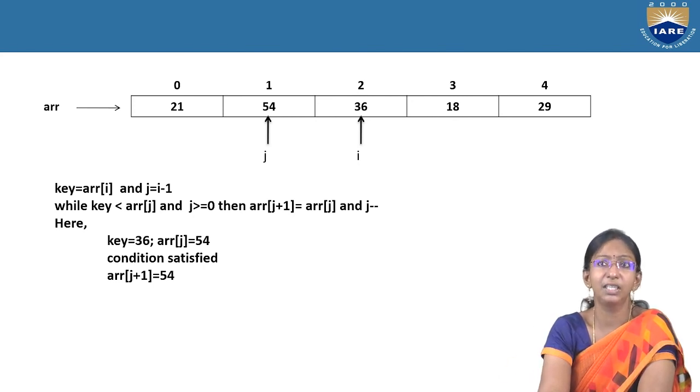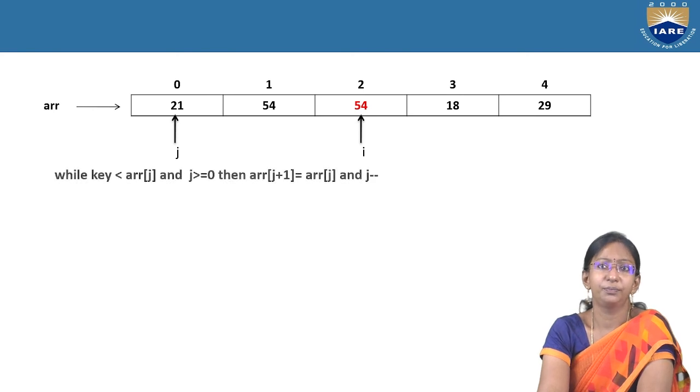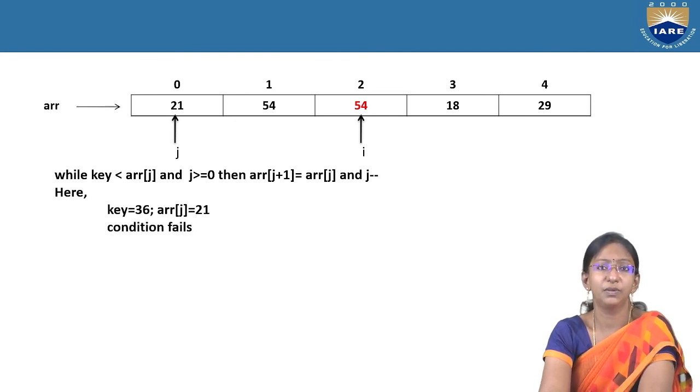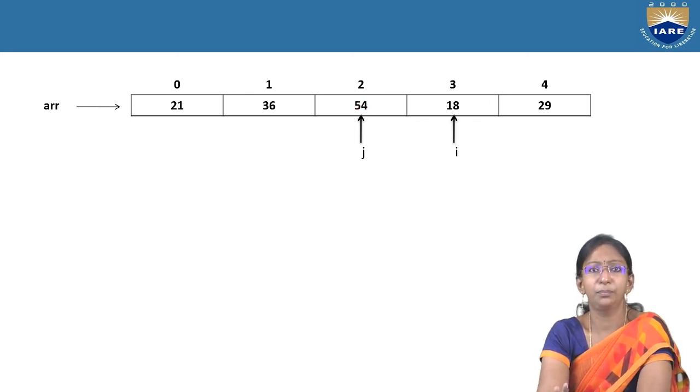That is, overwrite 36 with 54. Right? Now take the key and compare. Now with the new elements, the 36 is less than 21, condition fails. As the condition fails, just copy the key into the j plus 1 position.